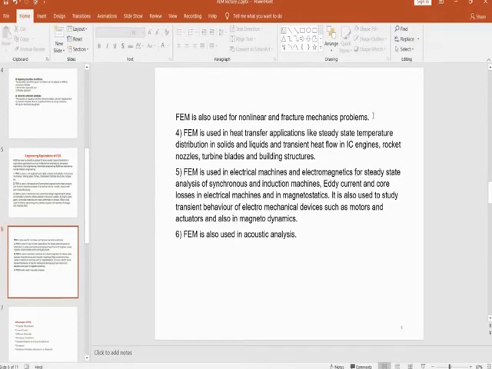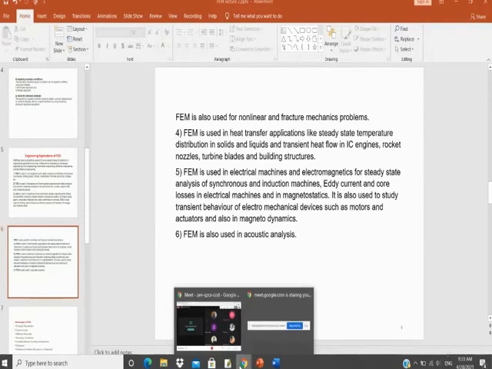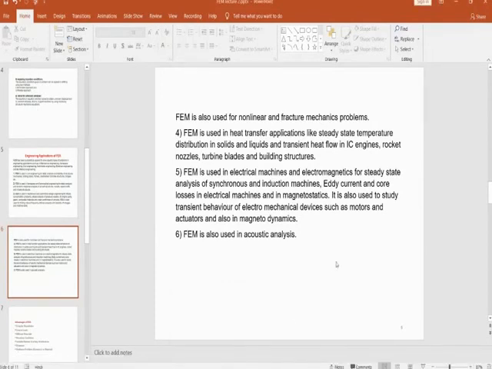Then fracture mechanics problems means what? Once the crack is initiated in the component, the behavior of the component completely changes. And you cannot use those theory of elasticity or strength of material equations for those. Then you have to go for fracture mechanics analysis. So that is a different subject.